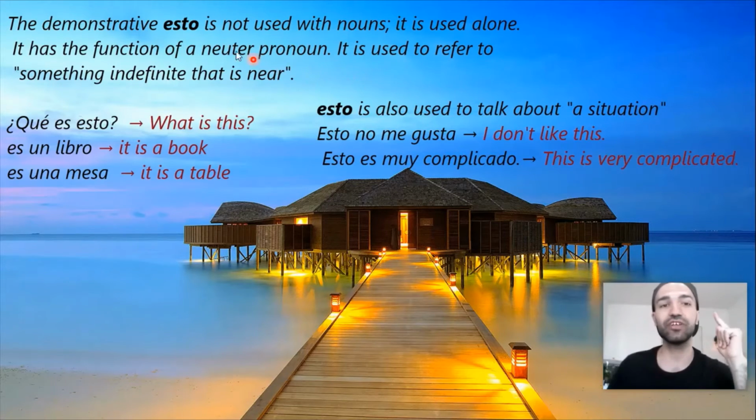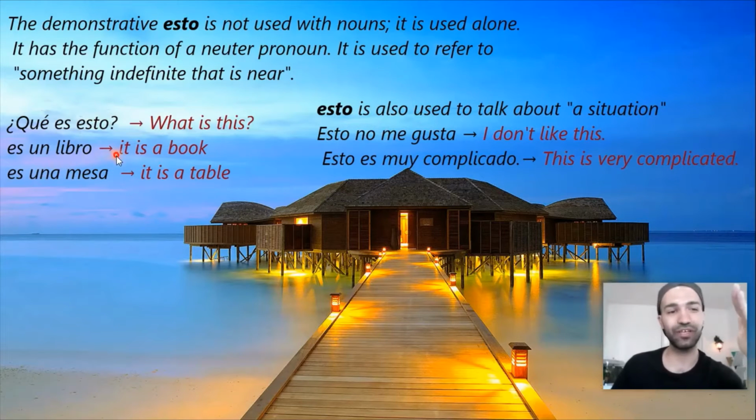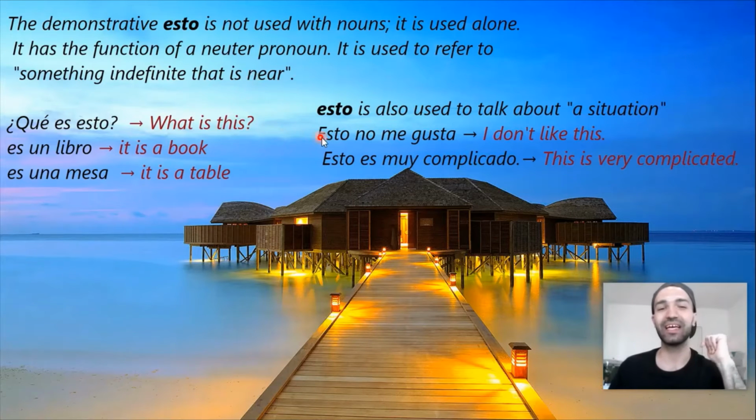But pay attention, it is not used with nouns directly. So we cannot say esto libro or esto mesa. No. Este libro, esta mesa. But we can say esto es un libro, esto es una mesa.